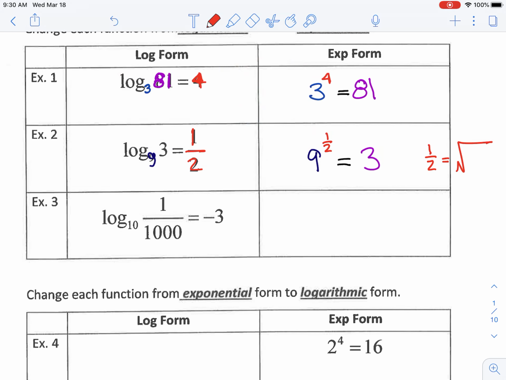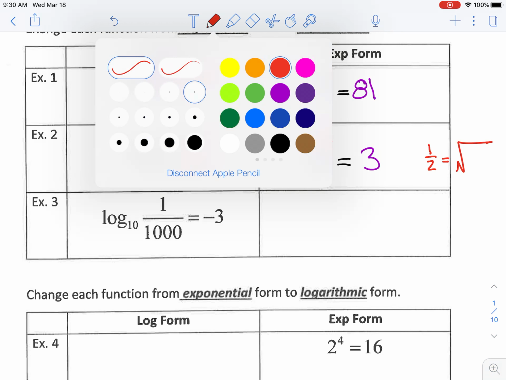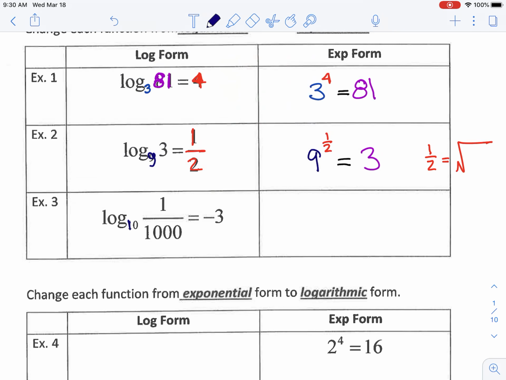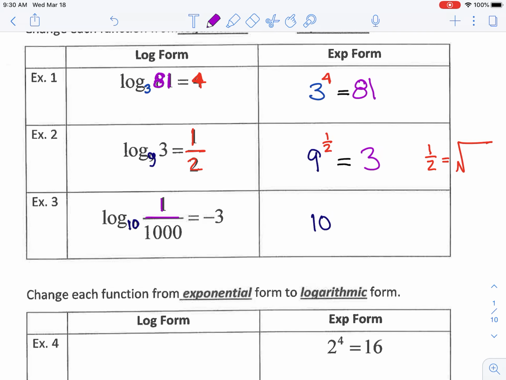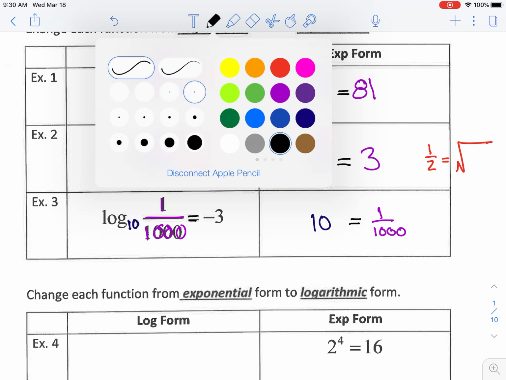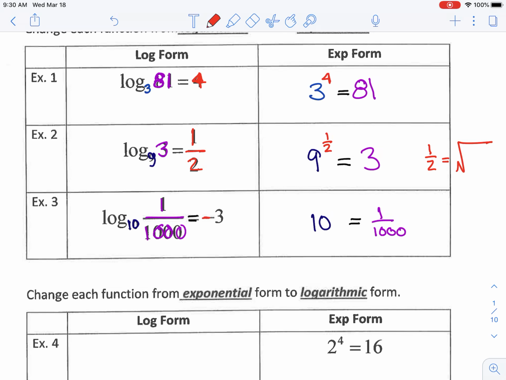Okay, so I have my base 10. I have my answer of 1 over 1,000. Which means that my exponent should be a negative number because my exponent should be taking this into a fraction, and a bar creates a bar.